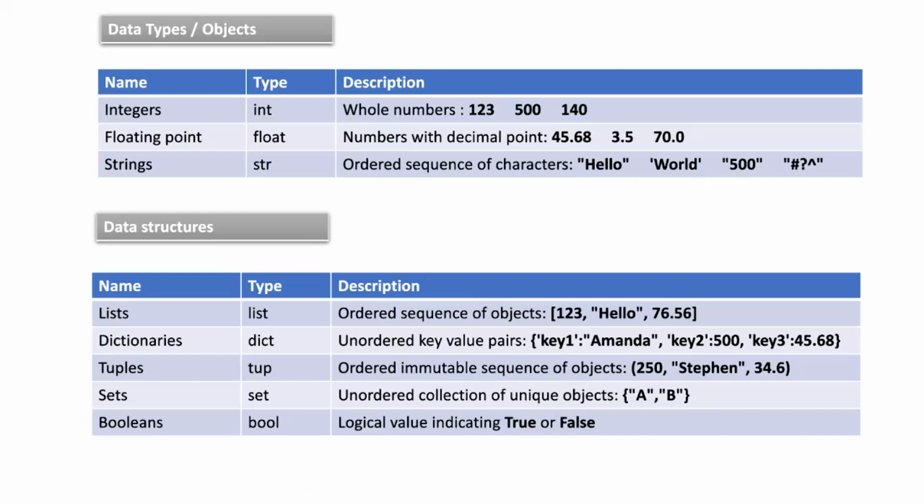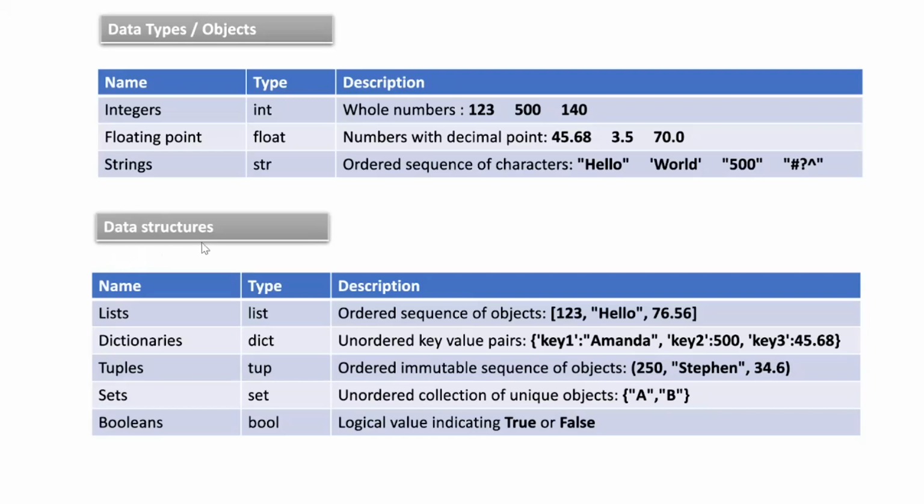If there were no quotations involved, 500 would have been an integer. Now, since it is enclosed in double quotation, it will be considered as a string. Then we have special characters enclosed in double quotation that will also be considered as strings. So in short, for strings, anything enclosed in single or double quotation will be considered as a string.